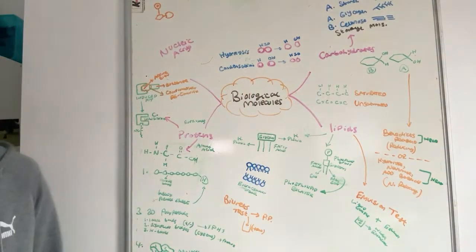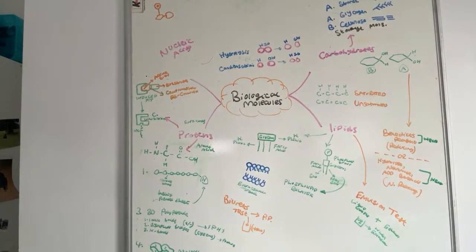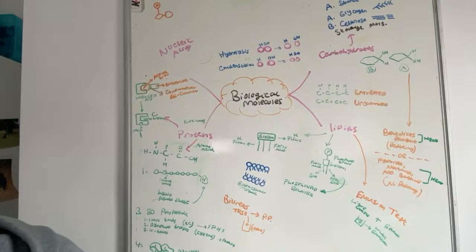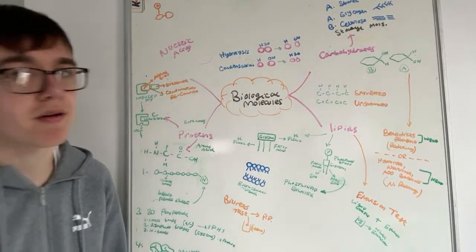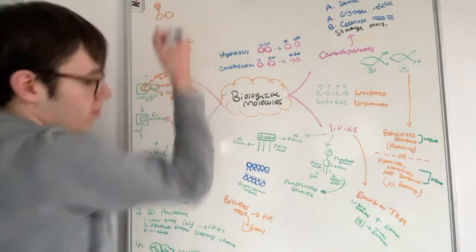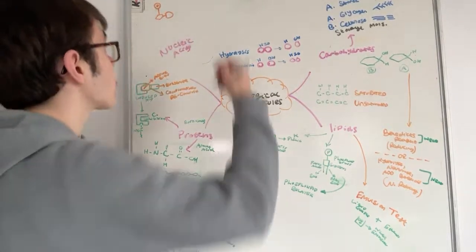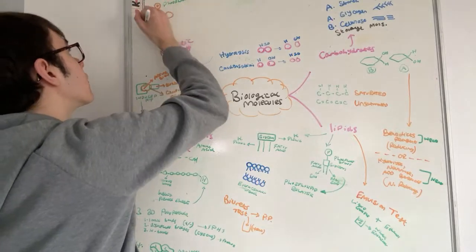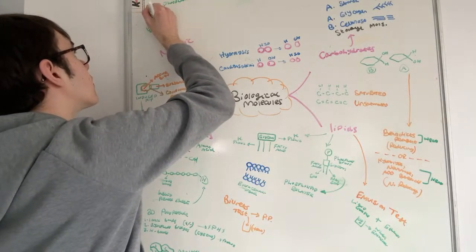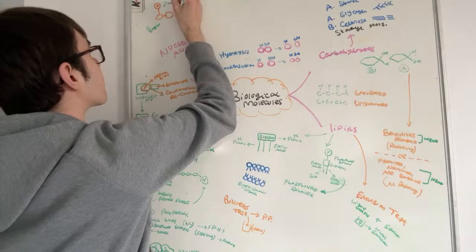That is basically it. I'm just going to Google nucleic acids because I need to recall the structure of one of these. Ah, it's the phosphate, the pentose sugar, and the base. So I was right.